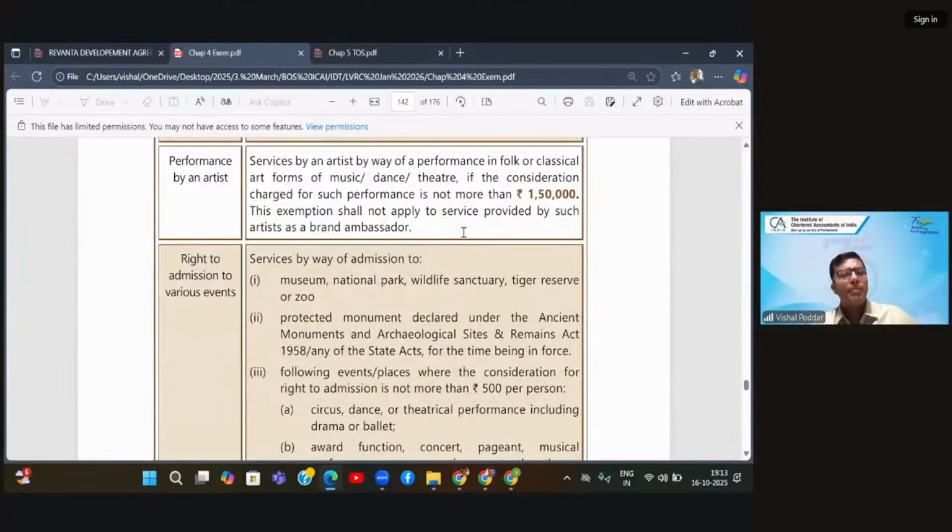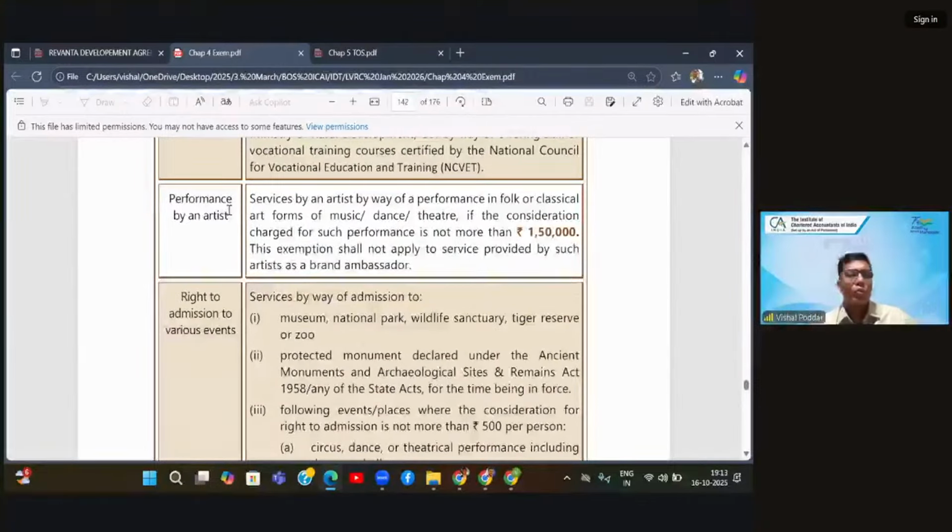Then if you are an artist, so you do stage performances. Now, if your stage performance is in some art form, which may include music, dance, theater, but what is important is it should be either a folk form or a classical art form. So if it is some Hollywood, Bollywood art form, and you are performing any music concert, that will not be exempt.